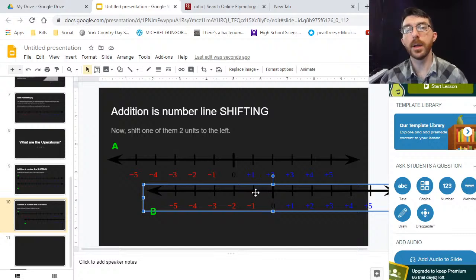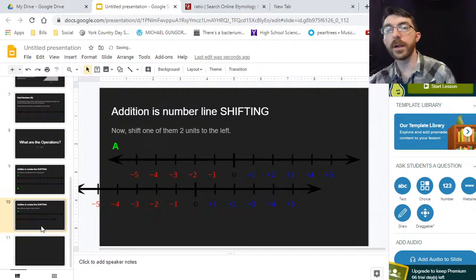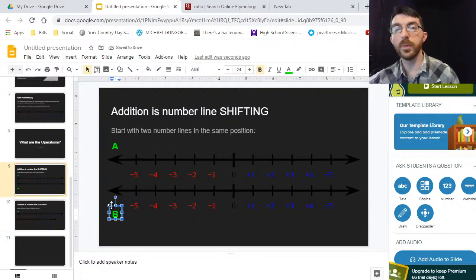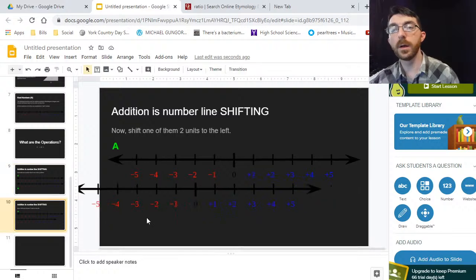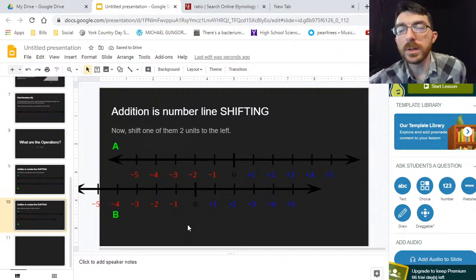I think I want the B from the original position so it didn't look like it moved. There we go. 2 units to the left.